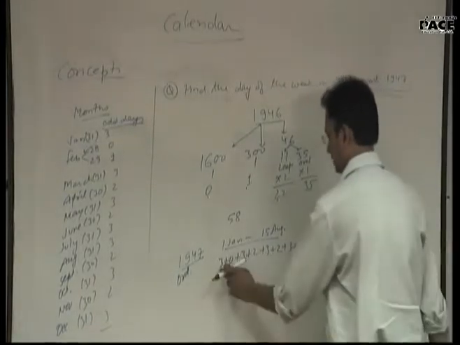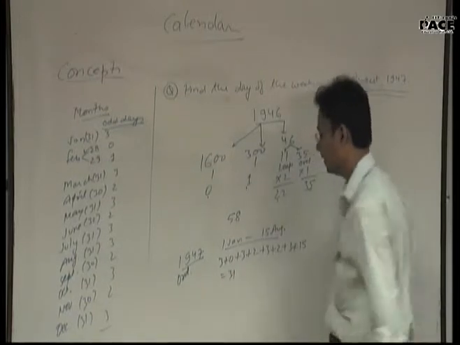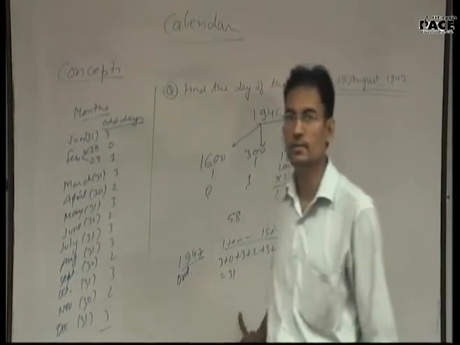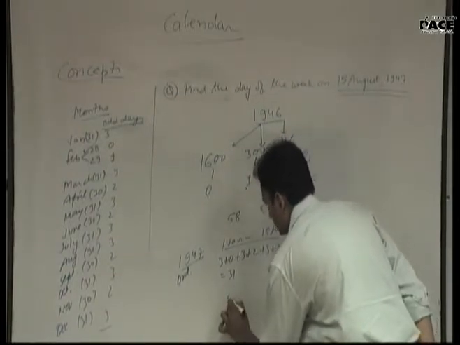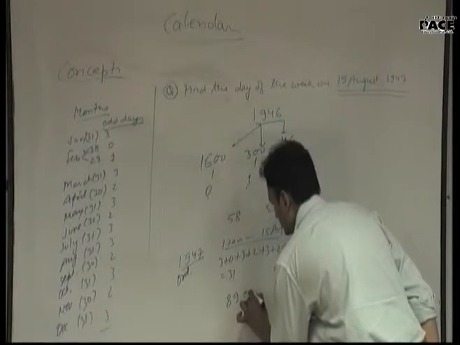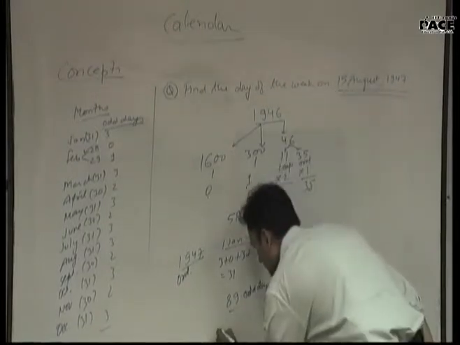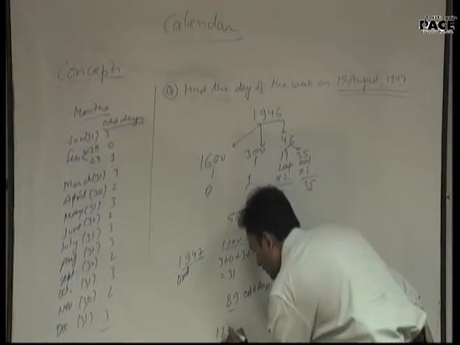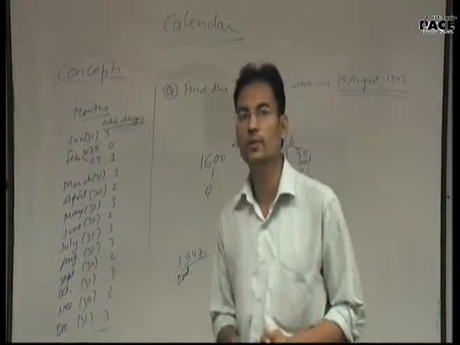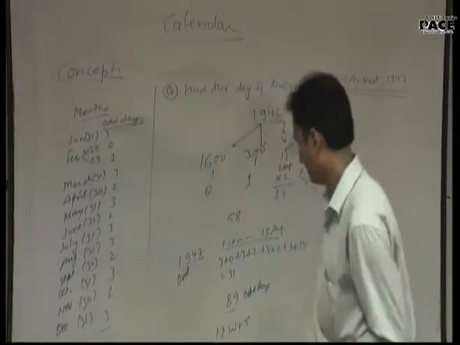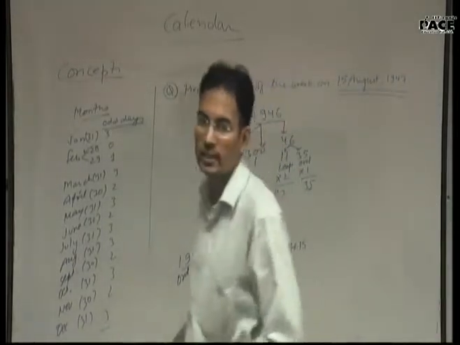So odd days 31, 58 and 31, so we have 89 odd days. Further, 12 weeks plus 5 odd days, and 5 odd days is Friday. So it was Friday on 15th of August 1947.